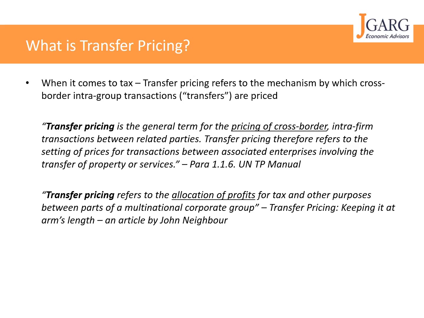So this definition gives us the sense that through transfer pricing we are going to allocate profit between different companies of the same group which are based out of different jurisdictions. So transfer pricing will assist tax authorities in finding what profit should be taxable in country A and what profit should be taxable in country B.